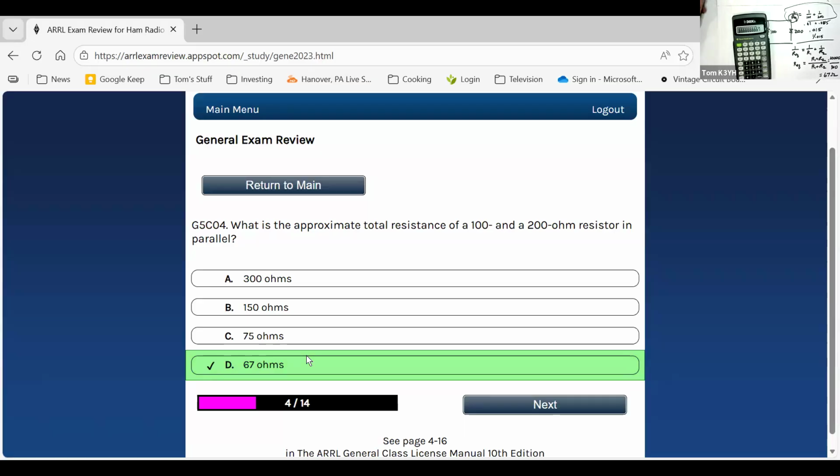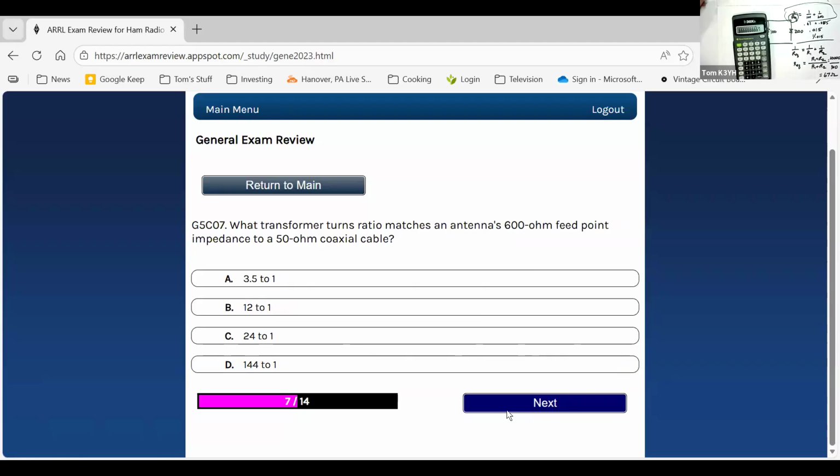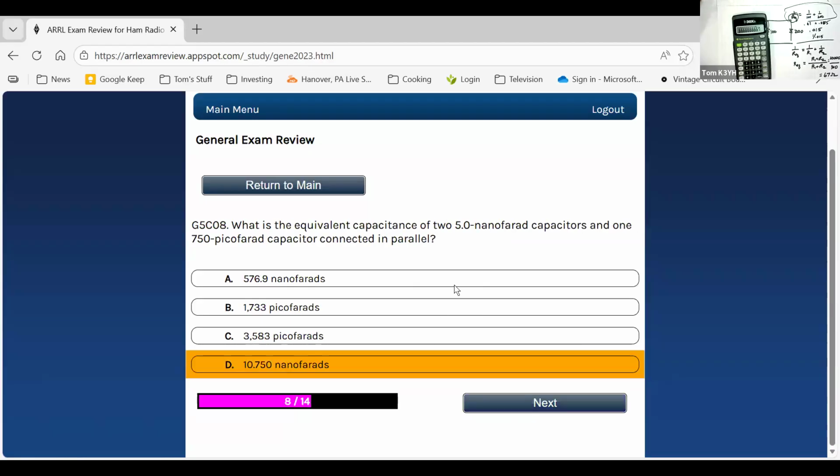See, that's C4. Again, I'm going to do 8 next, with 2 capacitors. This is covered towards the end of the chapter, but I'll do it this way just because it's in sequence.